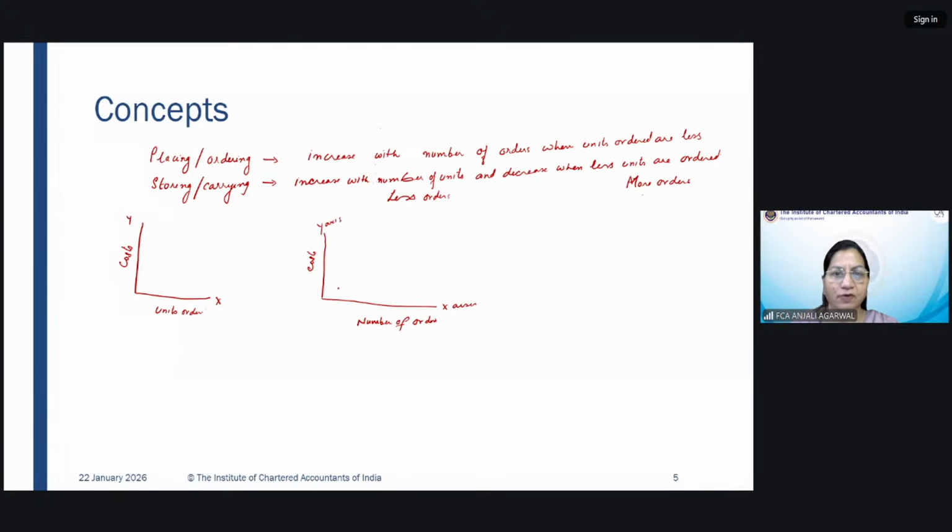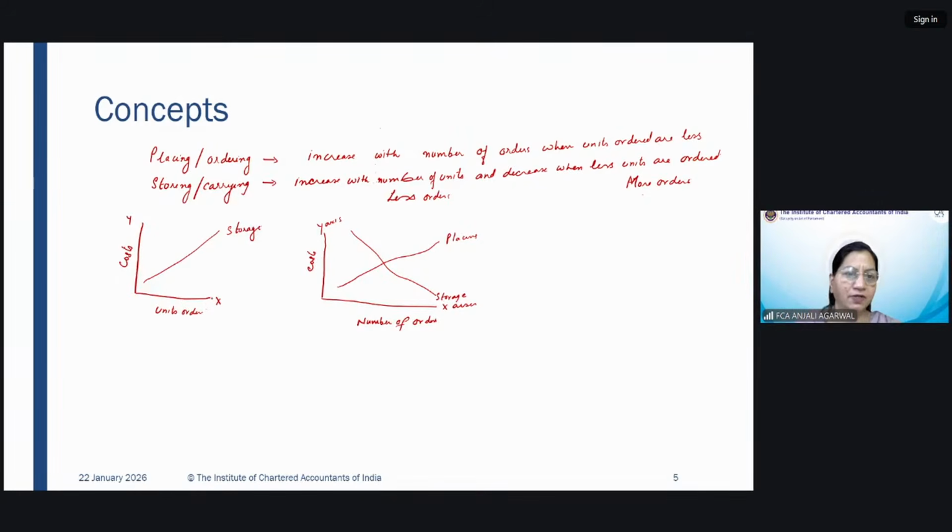Placing cost will always increase with number of orders and storage cost will fall when number of orders are more. The same will be opposite here. When units ordered are more, storage cost will rise.